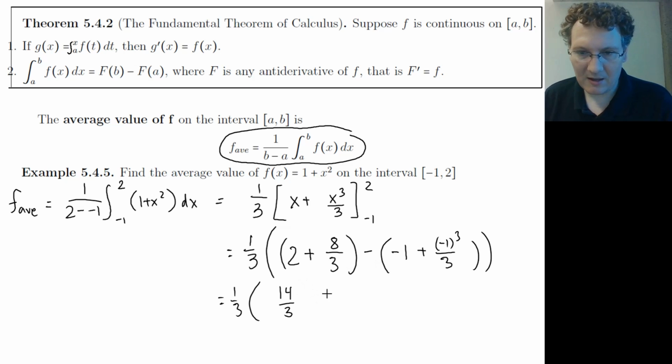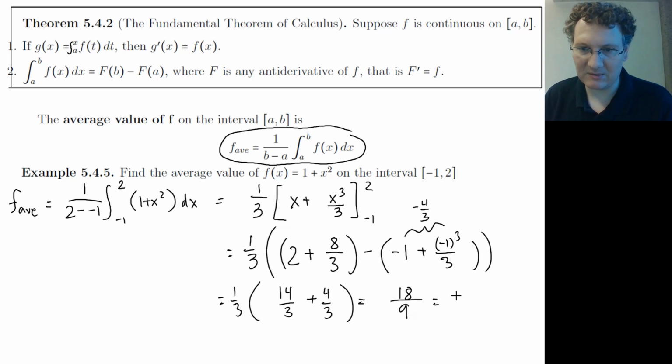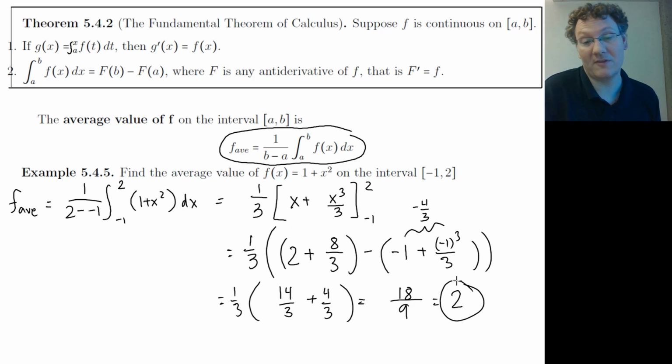Then the second part is negative 1 minus a third, that's minus 4/3, so it's plus 4/3. That gives 18 over 3, times 1/3, which is 6 over 3, so it's 2. The average value of this function over the interval from negative 1 to 2 is 2.